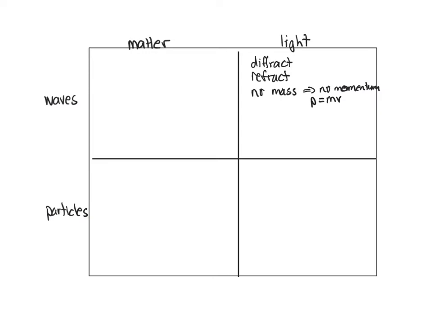The other thing that we think about when we think about light is that it doesn't occupy any discrete space in our world. If you think about a light wave, it fills the entire room. So it doesn't have a discrete position.